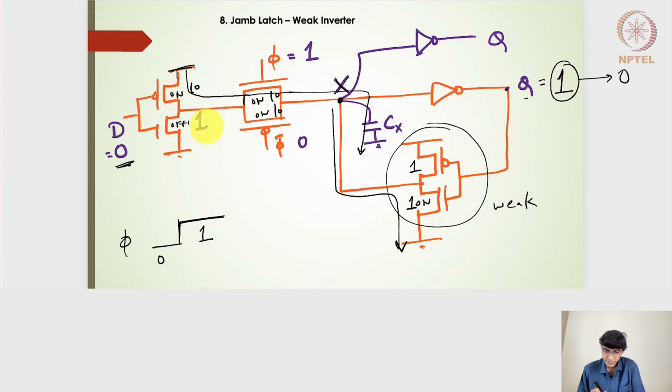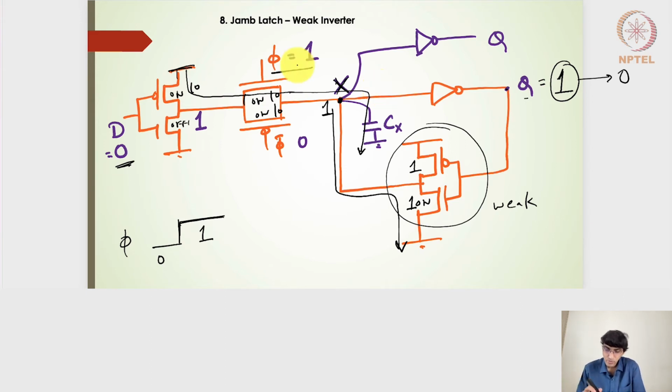If it is 0, it is 1, and then this one will be passed here. So in the transparent mode, we want this particular path to win over the feedback path, right? So if I am using a weak inverter here, and make weak inverter means the width of this particular tri-state inverter to be less, so that the forward path, not the feedback path, the forward path is likely to win during the transparent mode.